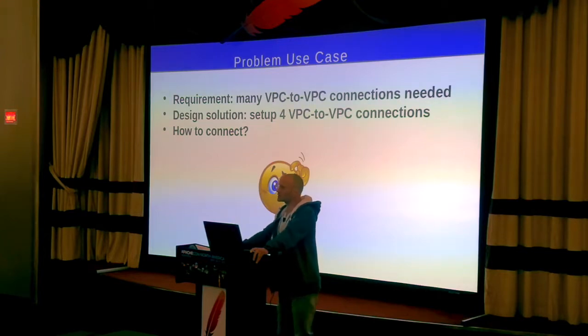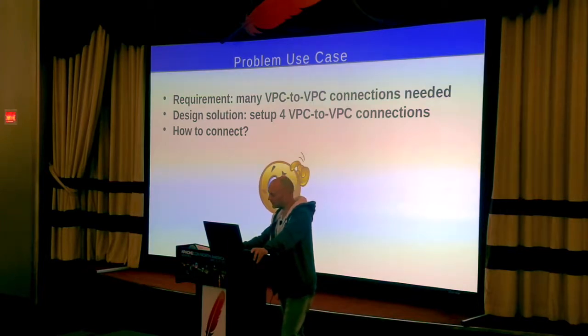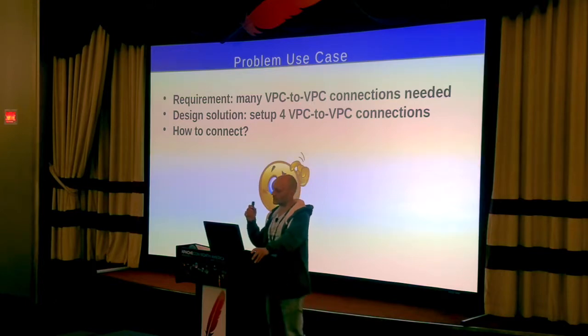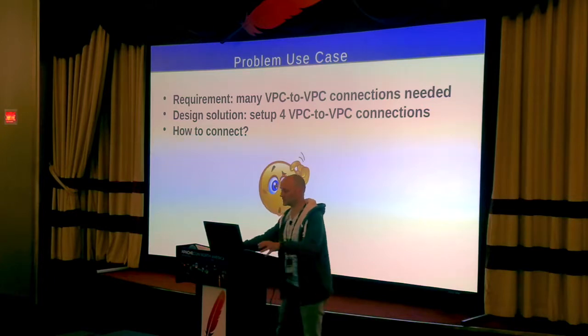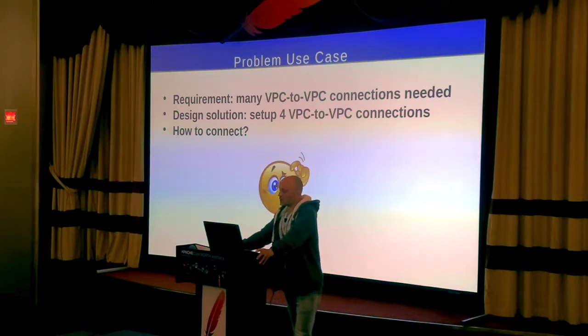And those requirements could not be met by a single VPC because of the high number of tiers. So what we decided to do is to use 4 VPCs to peer and talk to each other, each one to each other. So how do we actually connect these applications?